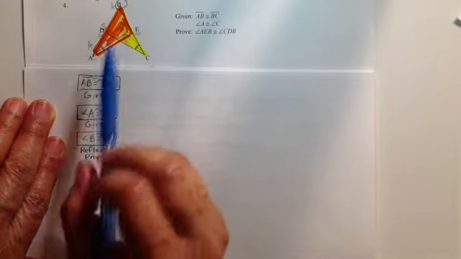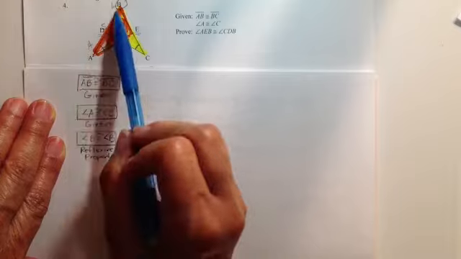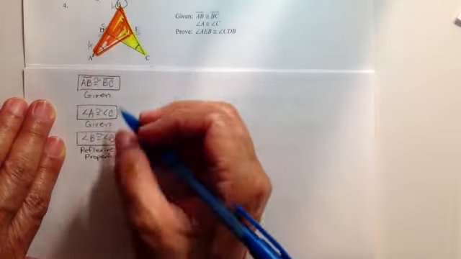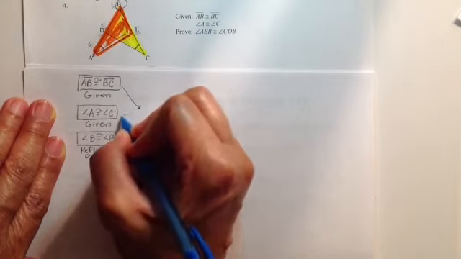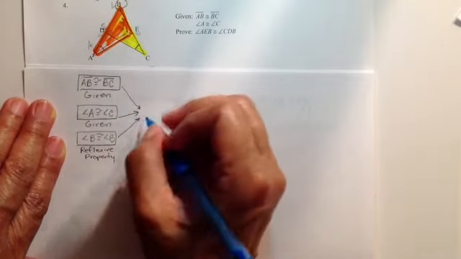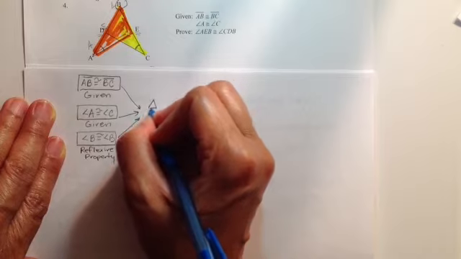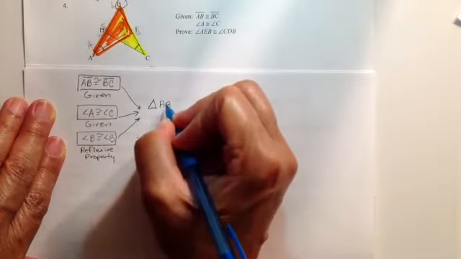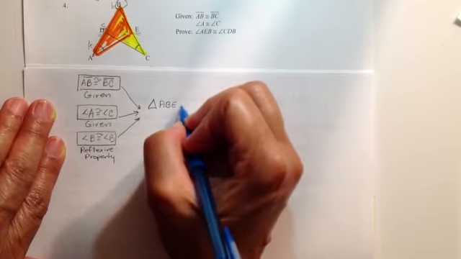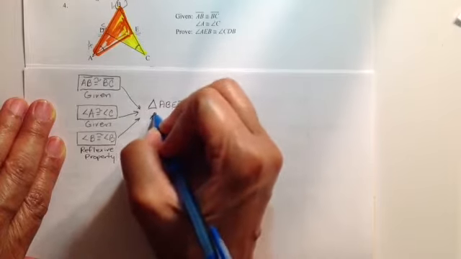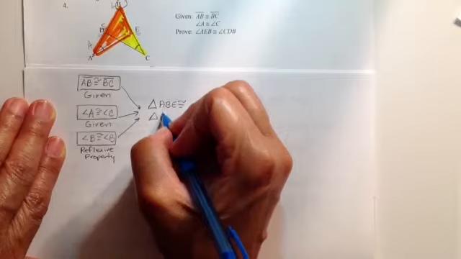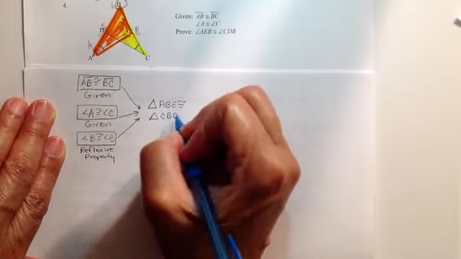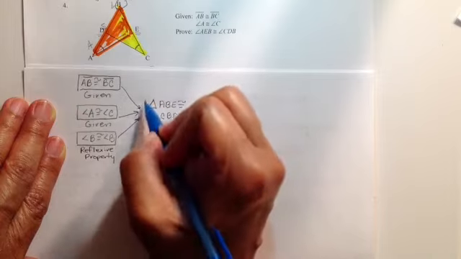All right, so I've got two angles and I've got a side, and all of that will lead me to be able to say the triangle ABE is congruent to triangle CBD. And why?